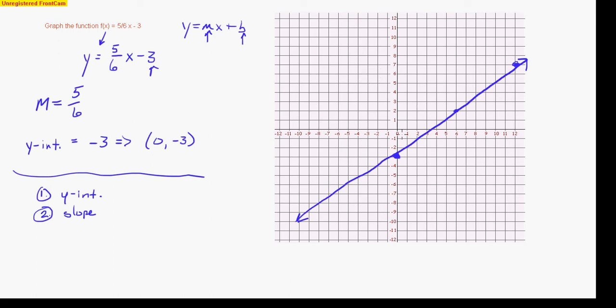Now, as we said before, all of the points on this line, if I plug the coordinates in to here, it will work. They are a solution. So that's how you graph the function. It's no different than what we did before. We just turn the f of x into a y, use our y-intercept, use our slope, and then off we go. So that's example 2.